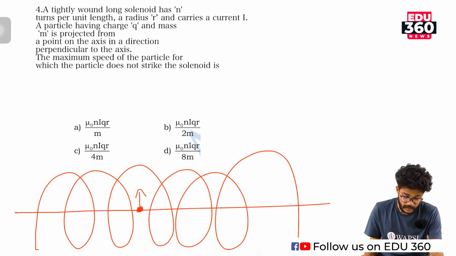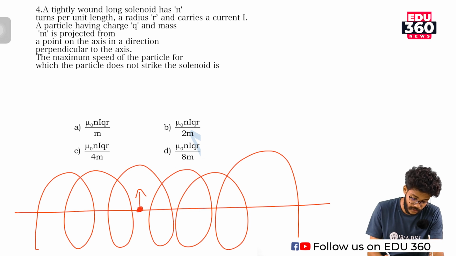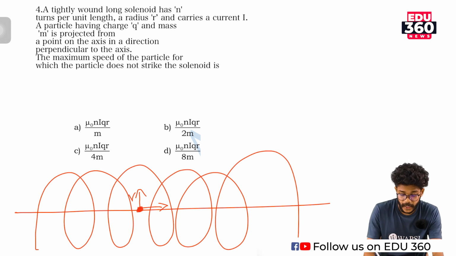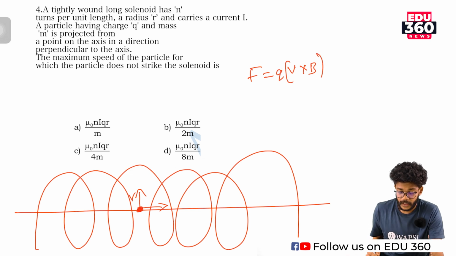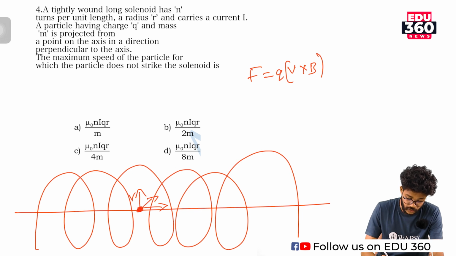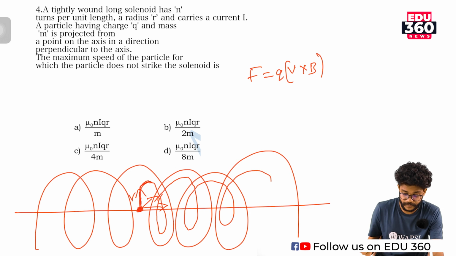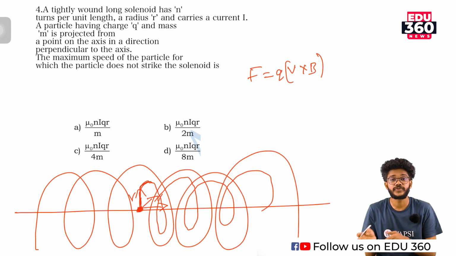The maximum speed of the particle: the velocity is acting in this direction and the magnetic field is acting in this direction. So by the Lorentz force, F is q into v cross B. That means the force acts in the mutually perpendicular direction. Due to this force it will bend its direction and the charge will move in a helical path, due to the cross product of velocity and the magnetic field.